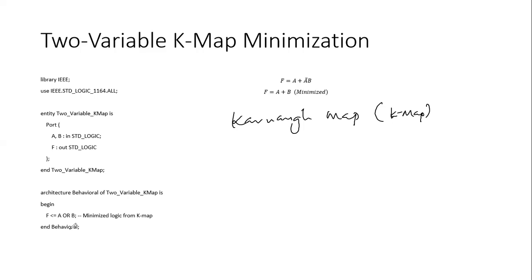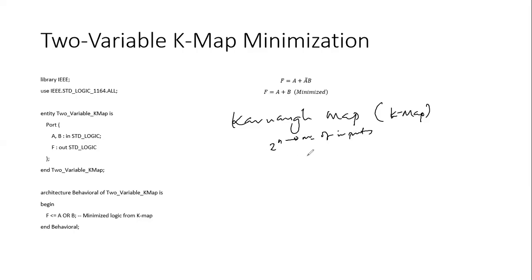So the rectangular shape will be divided into squares, and the number of squares will be the same as the number of lines we have in the truth table. And you already know that the number of lines in the truth table is 2 to the n, where n is the number of inputs, right?